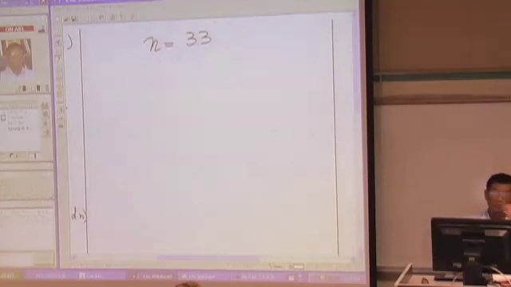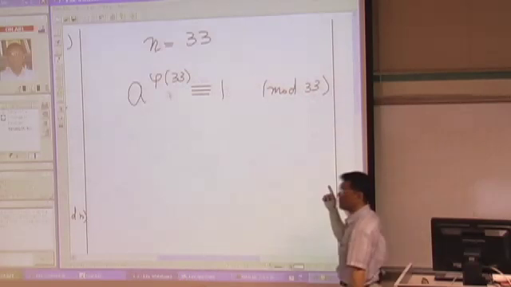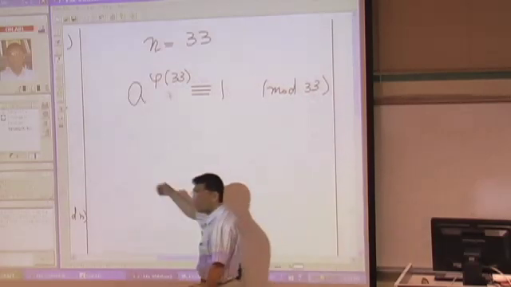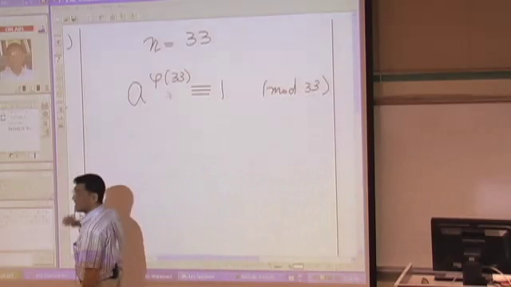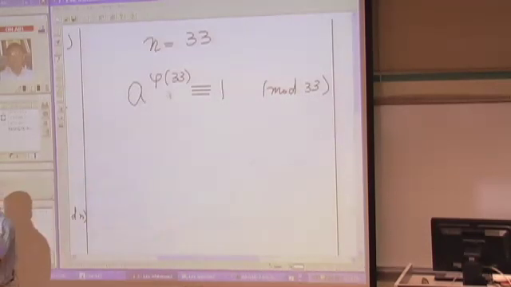Then a primitive root a should satisfy what? And then this power should be the smallest power achieving it, right? Any smaller power achieving it disqualifies a, right? Do you see it? Any power smaller than phi of 33 disqualifies a. Then we should pick a different a.